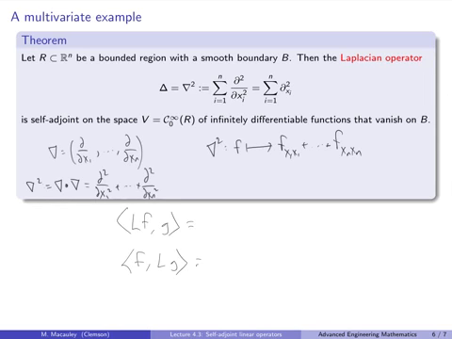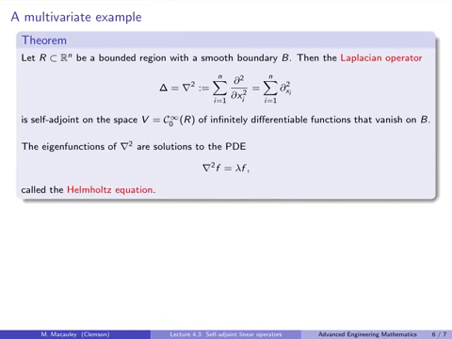And from special cases of that you can derive things like integration by parts in higher dimensions, and everything works out the same. So basically you take these two things and you use integration by parts and the fact that these functions vanish on the boundary to get the terms to cancel out. So I encourage you, if you are curious, to look it up, but it really does follow by the same reasoning that the one-dimensional example does.